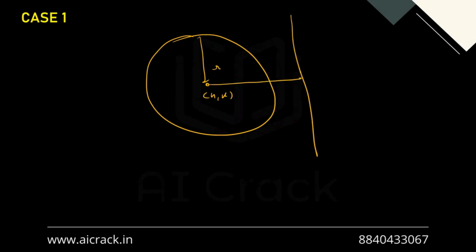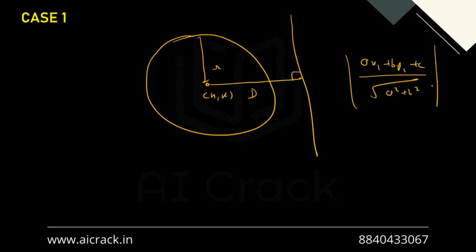This perpendicular distance is d, and we already know how to find the perpendicular distance from a point to a line with the help of that formula: modulus of ax1 plus by1 plus c divided by under root a square plus b square. We know this formula. If this value comes out greater than r, that means d is greater than r, so the line is not touching and not even intersecting the circle. That's our first case.